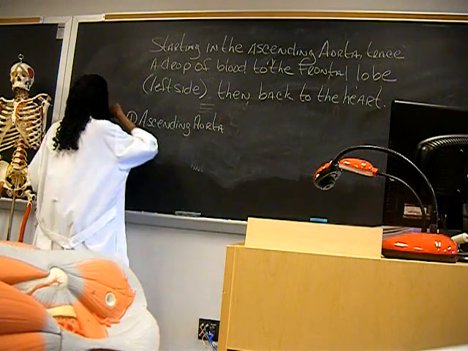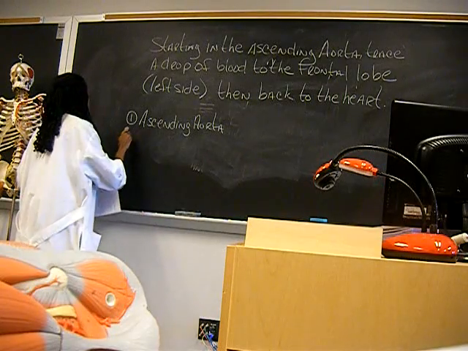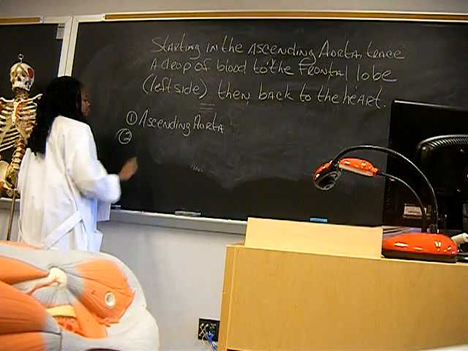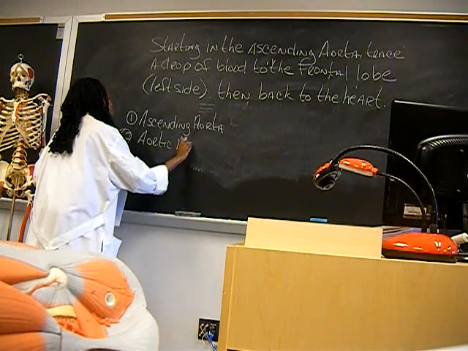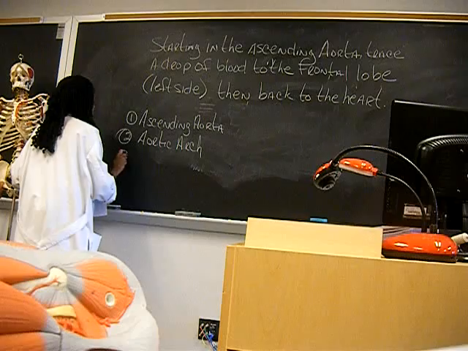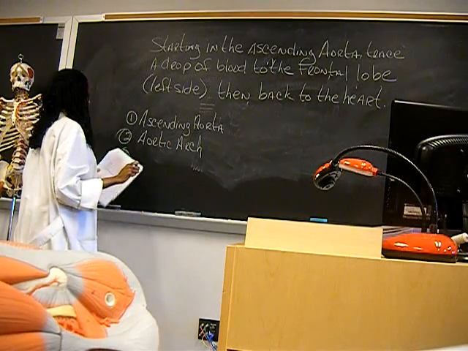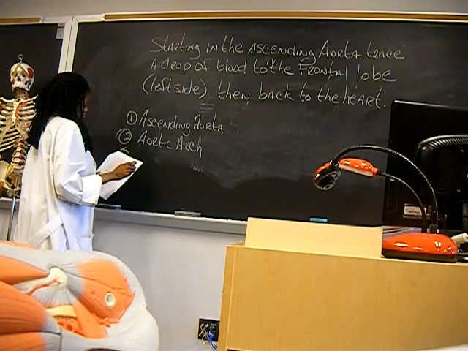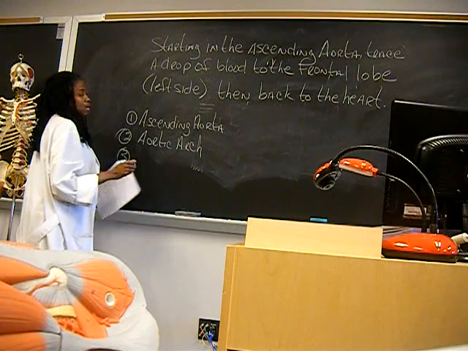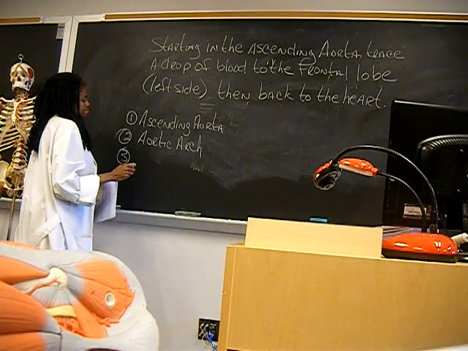And so if I'm going by way of my left carotid, what's next? Aortic arch. Then what? Left common carotid, right?